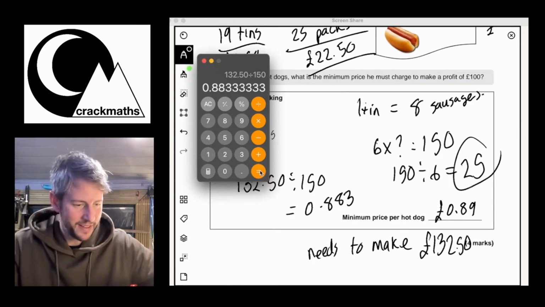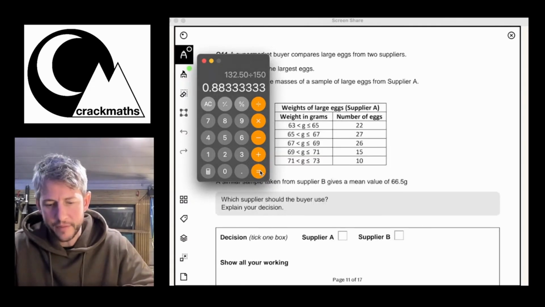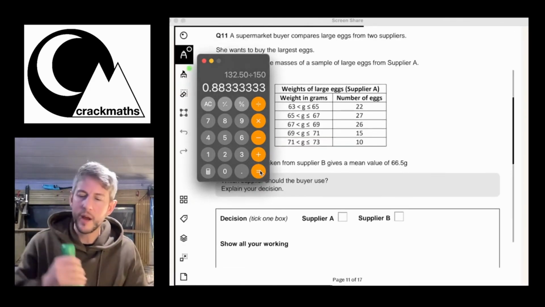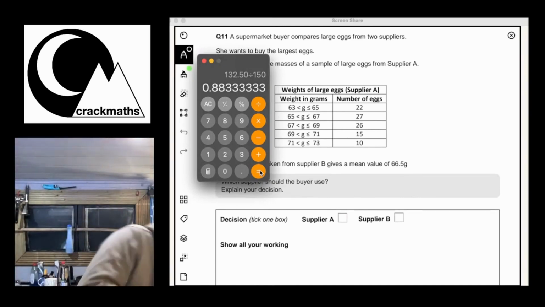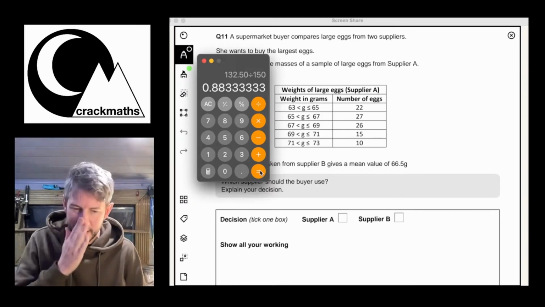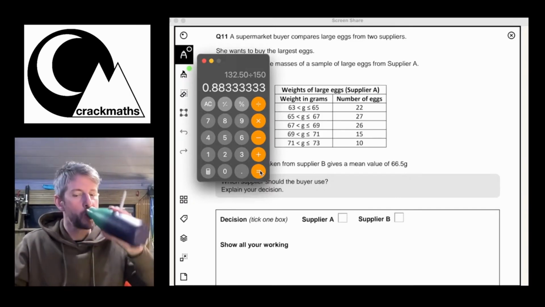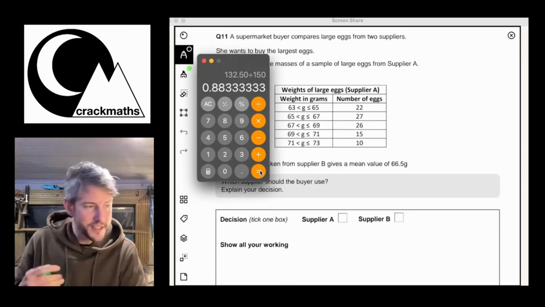Okay, let's see how we're getting on. Right, question 11. A supermarket buyer compares large eggs from two suppliers. She wants to buy the largest eggs.